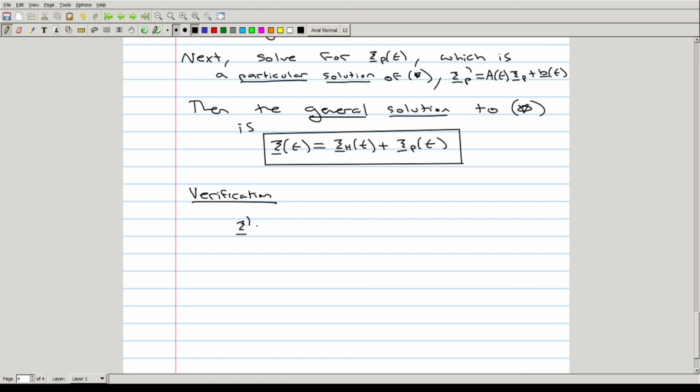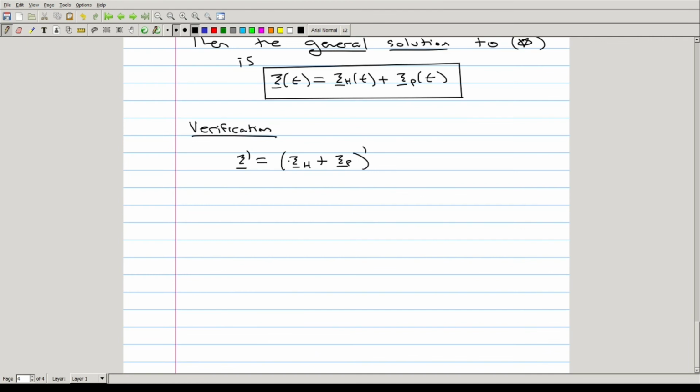We know that xi prime will be equal to the derivative of xi h plus xi p, which will be equal to xi h prime plus xi p prime due to the linearity of the derivative, which will be equal to, well, xi h satisfies the most general solution to the homogeneous form of the equation.